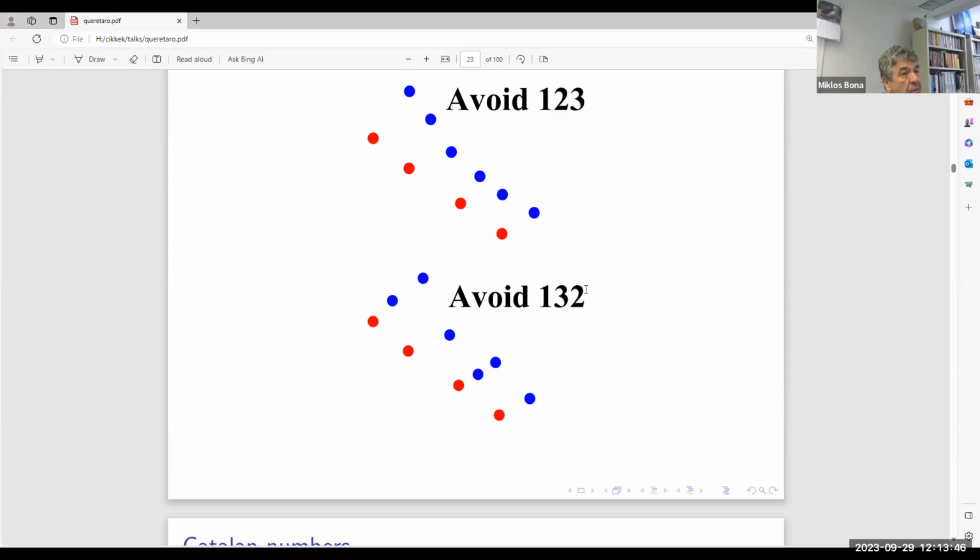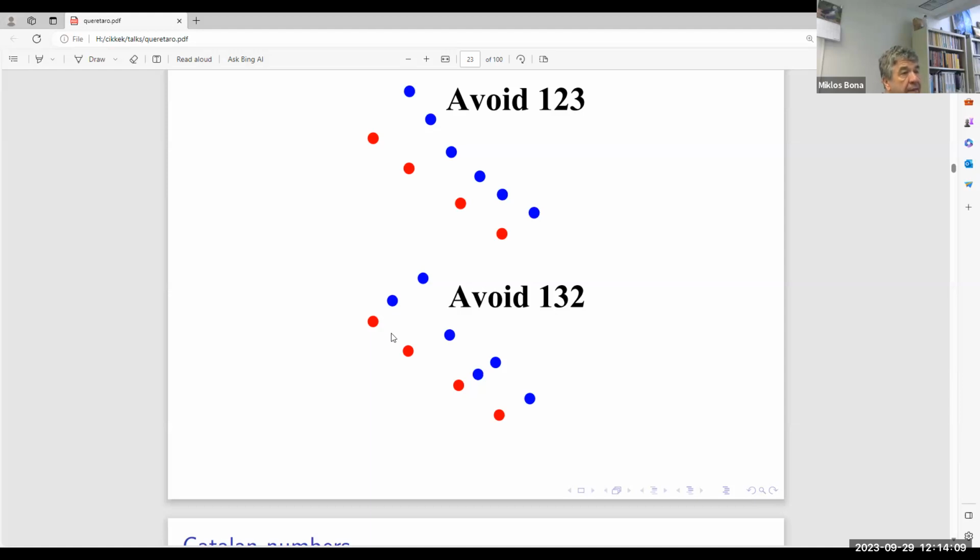And I claim that there's only one thing you can do, and you can always do that. Namely, you go left to right, and to every empty spot you put the smallest entry that's eligible to come there. By eligible, I mean that it will be bigger than the closest left to right minimum on the left. That has to happen, right? Otherwise, this would also be a left to right minimum.